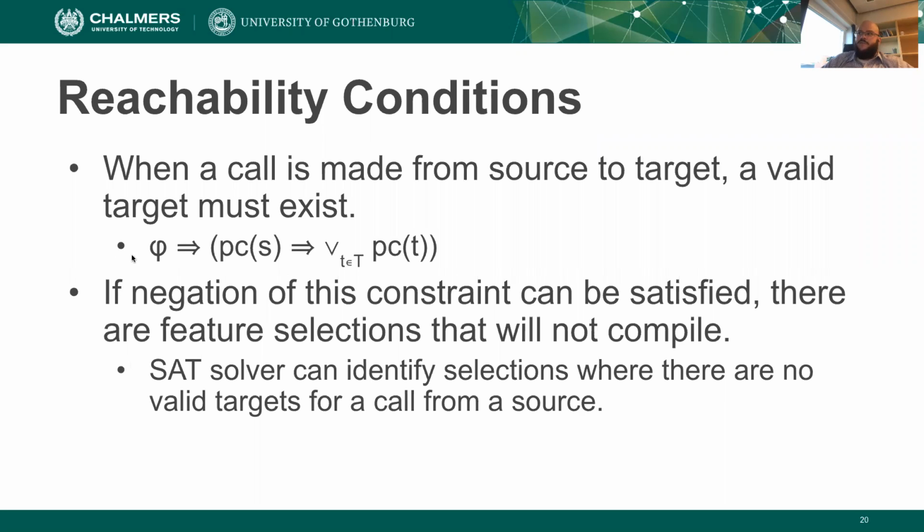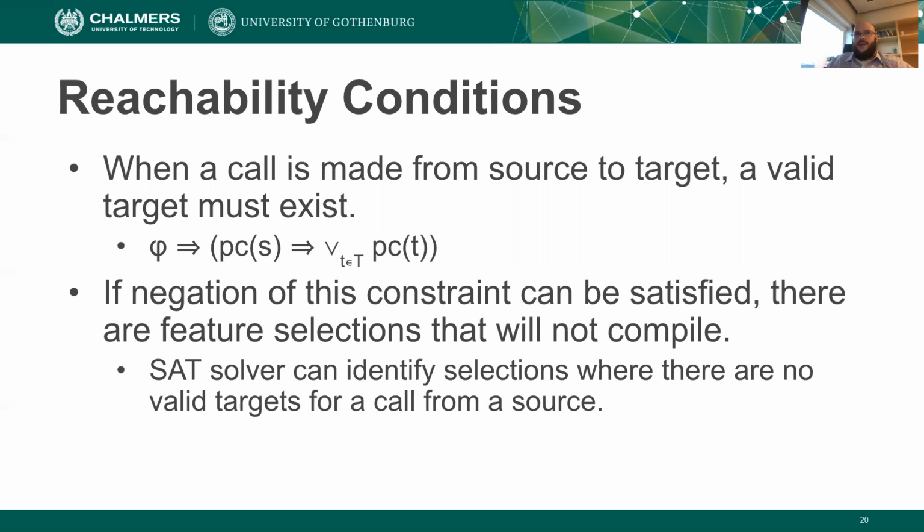If the feature model is valid, right, if our feature selection is valid, that implies the presence conditions for the source code are valid, which in turn should imply for each of the targets called from that source that the presence conditions are also met for those targets. Right, so when the feature model is satisfied by our selection, that implies the presence conditions on the source are met, that the source code is there, and that anything called from that source code, the targets, also are present.